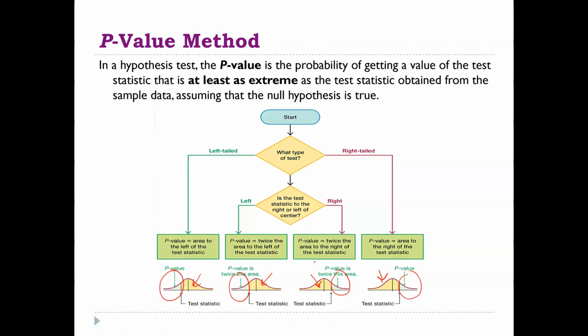There's an interesting saying about it. If the p is low, null must go. In other words, if p-value is less than or equal to alpha, then we reject null hypothesis.